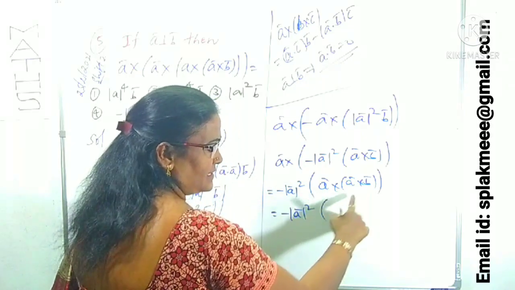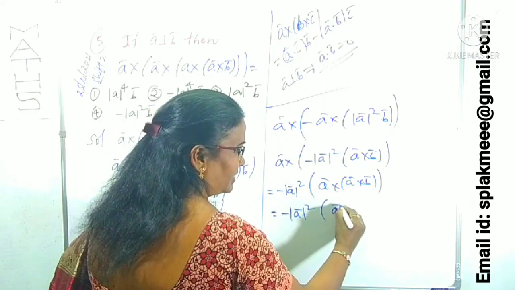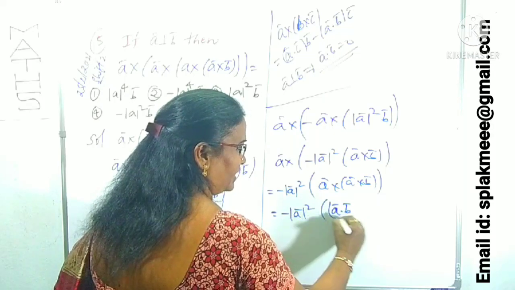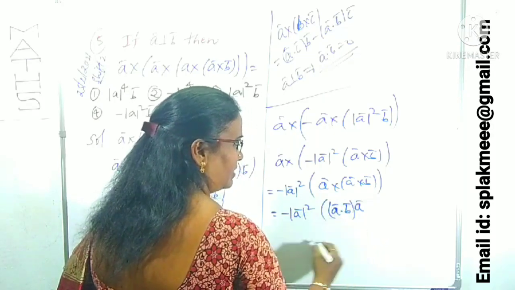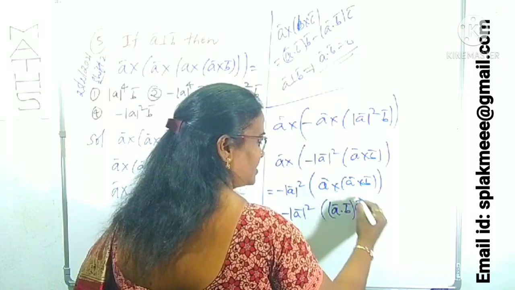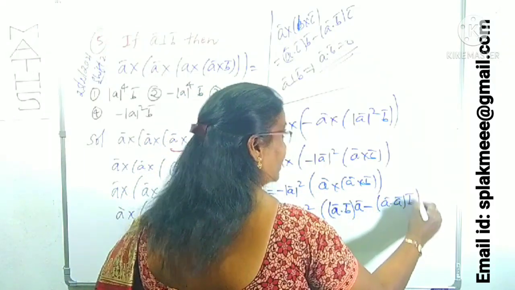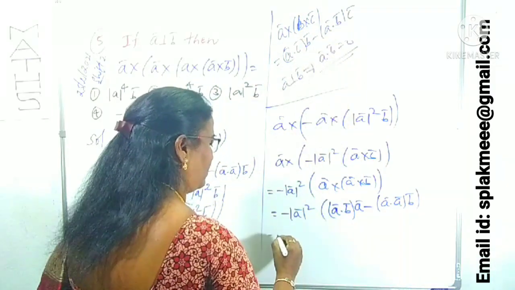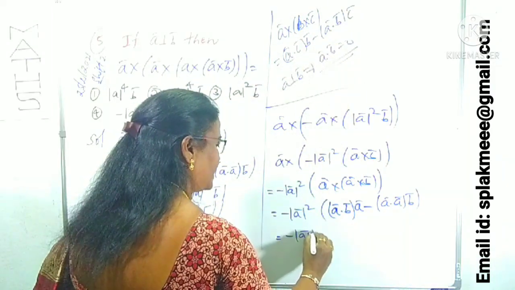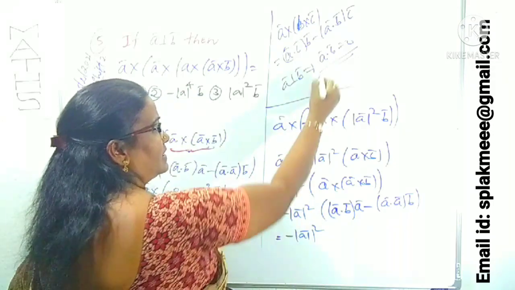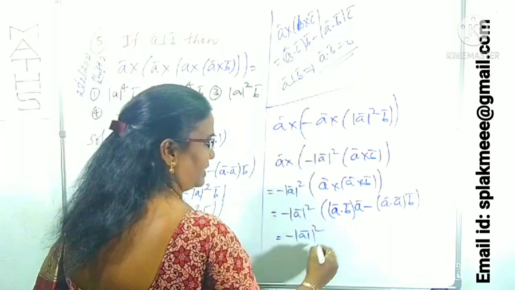Minus mod A whole square. Here can you guess? Yes: dot product of first and last vector into the middle vector, and the middle vector is A bar, minus dot product of first and second vector, that is A dot A, into the last vector B bar, according to this one. Clear? Now this is minus mod A whole square as it is. Again A dot B: what is A dot B? It is 0 because perpendicular is given.